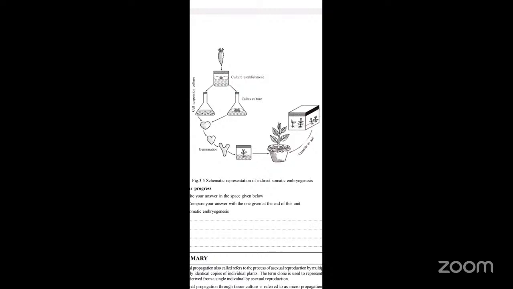The term morphogenesis means all activities involved in the formation of a complete individual, starting from the cells or tissues in culture. The various internal as well as external factors affect the morphogenesis potential of cells.